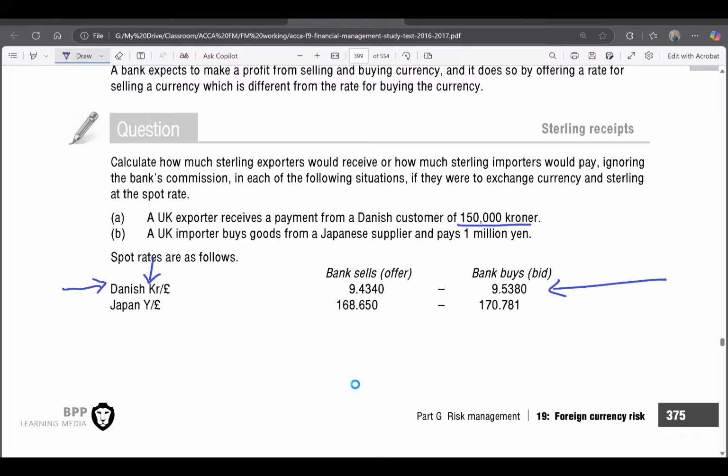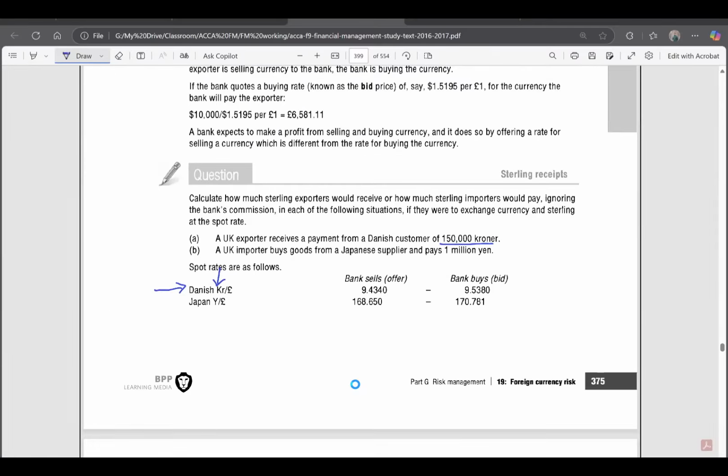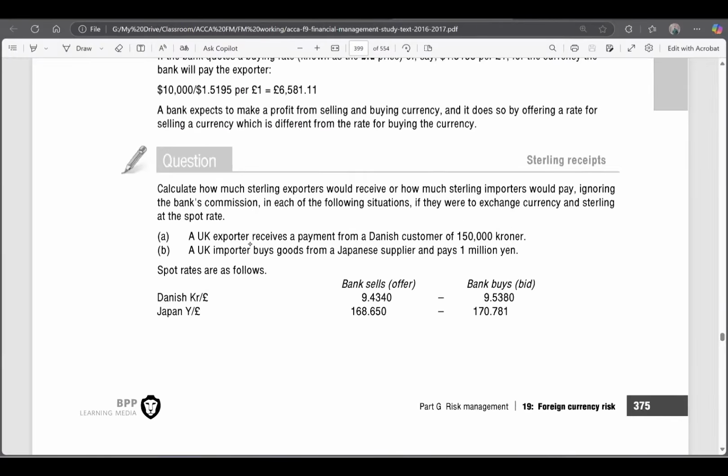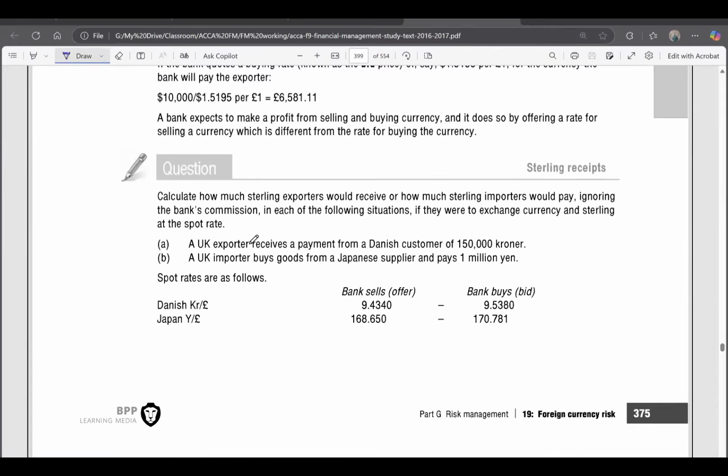Okay. So how will we get it? For the first, we have to do division here, and we will divide with the high rate here. So 150,000 kroners. Better write the currency as well in this case so that you don't make a mistake.